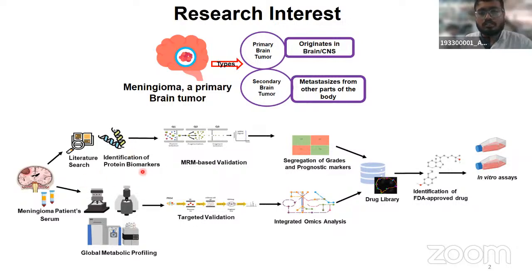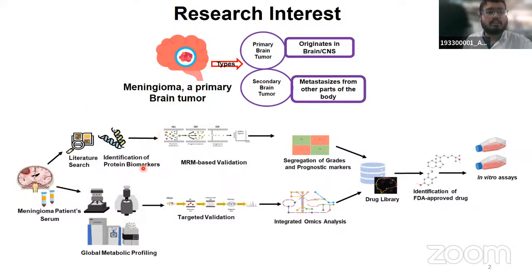So here in my research, meningioma's another major feature is that it remains benign in nature for most of the patients, but in a certain percentage of patients, it becomes quite aggressive. And unfortunately, there is no test available to detect those patients which are going to be aggressive. For that reason, the management of such patients becomes difficult.